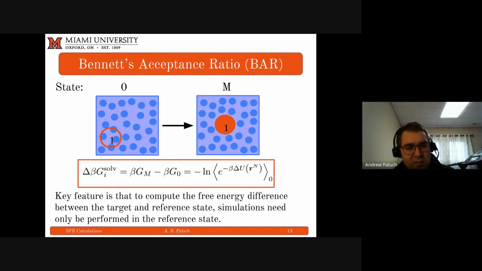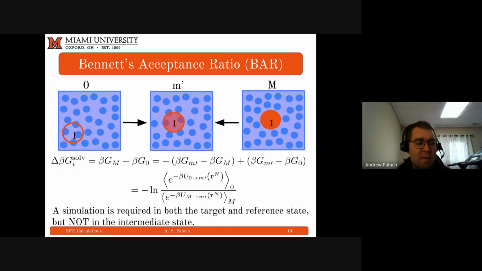Now, these states in which the solute is overlapping with solvent are just going to end up having zero probability in my target state and not actually contribute to the property of interest that I'm trying to compute. So with Bennett, one thing that we get out of this is you're going to increase the degree of phase space overlap between neighboring states. M prime is some intermediate state.